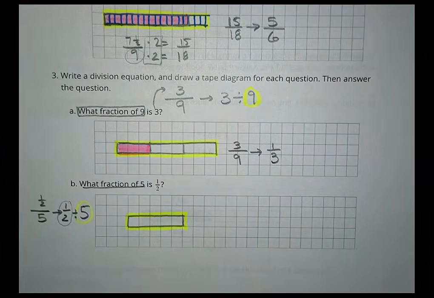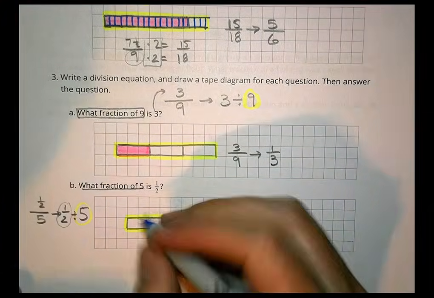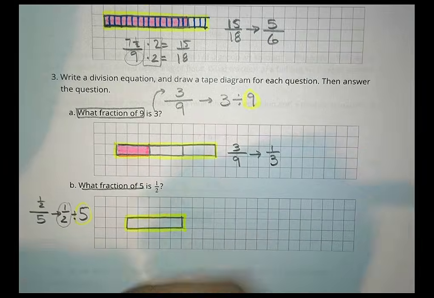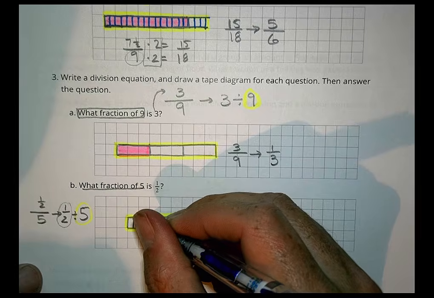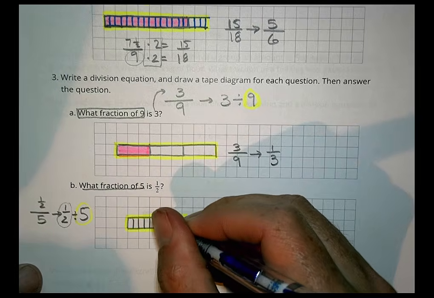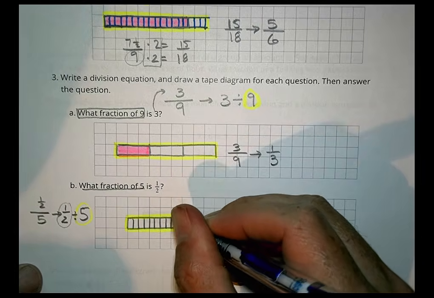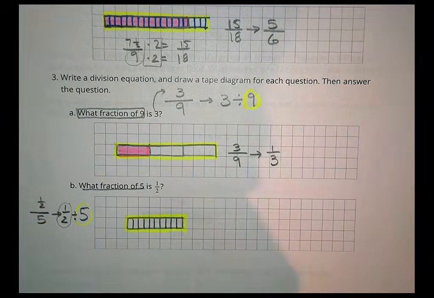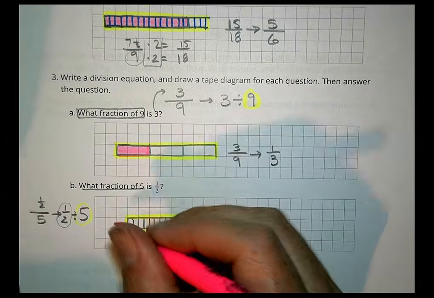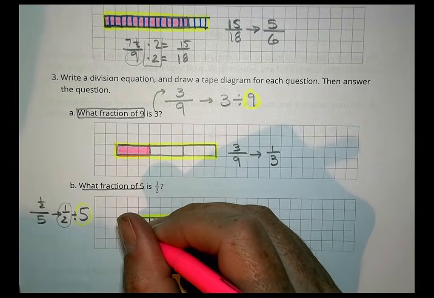So because I'm looking for halves, I need to go ahead and break all of these up into half segments. Right? So now I have half segments inside of my group of 5, but I'm only going to say half is my original size here.